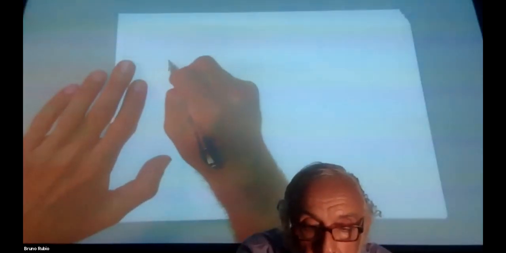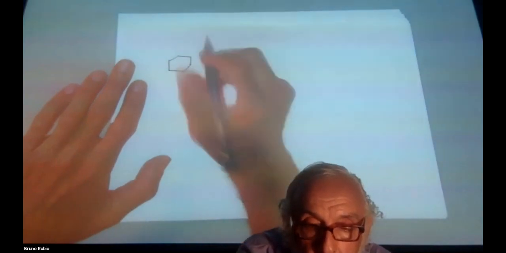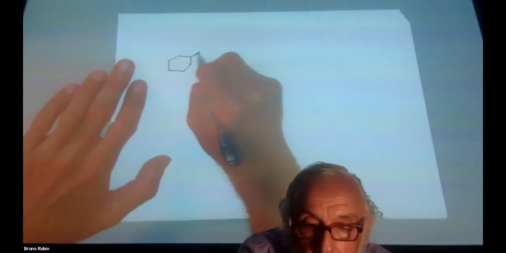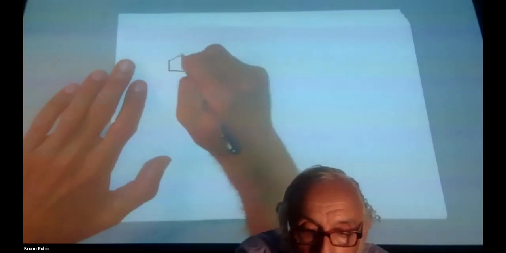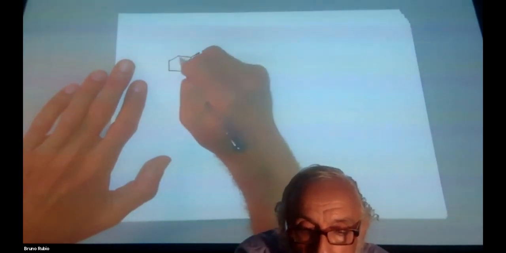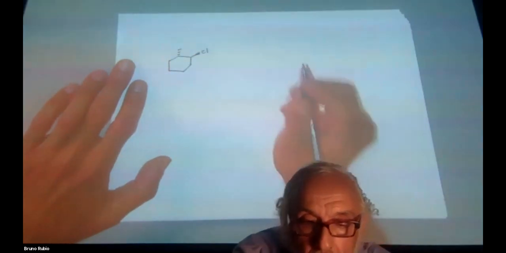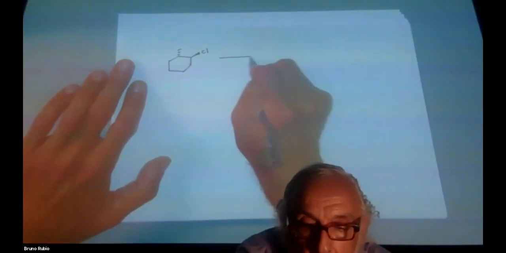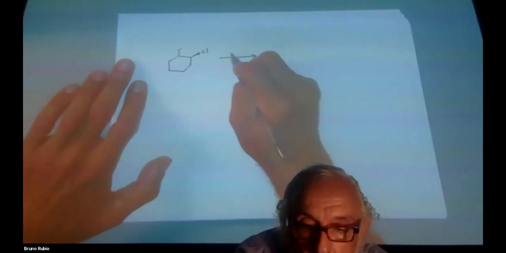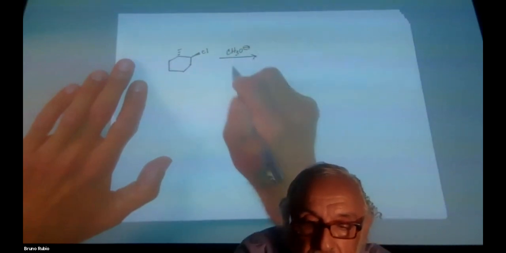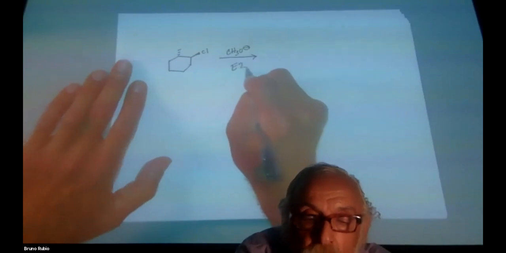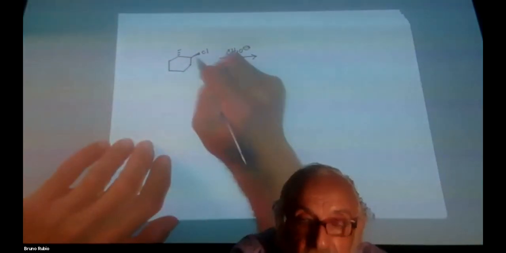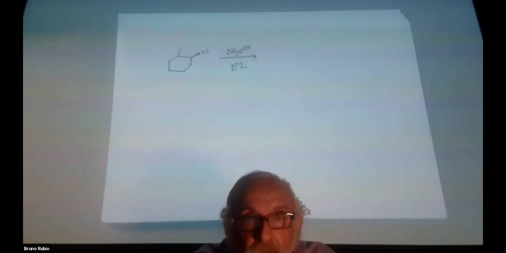Another example. All right, this is also going to be an E2. Draw the structure of the major product.